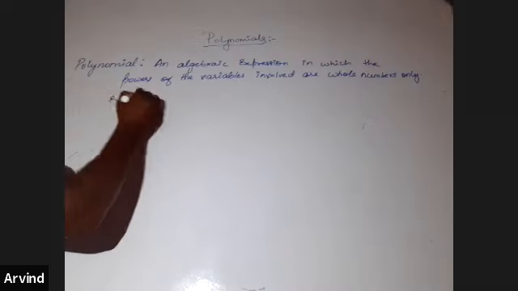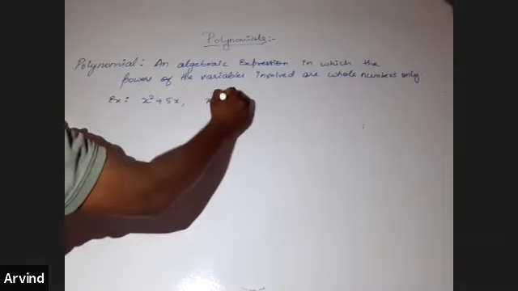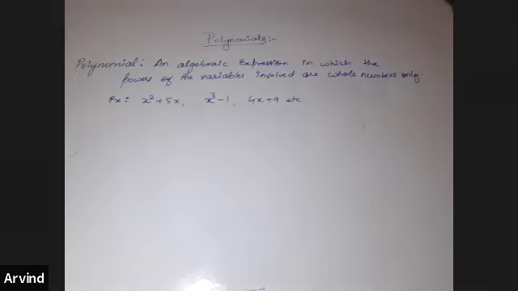Example, x square plus 5x, x cube minus 1, 4x plus 9, etc.